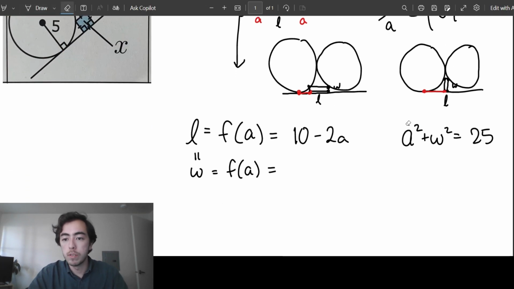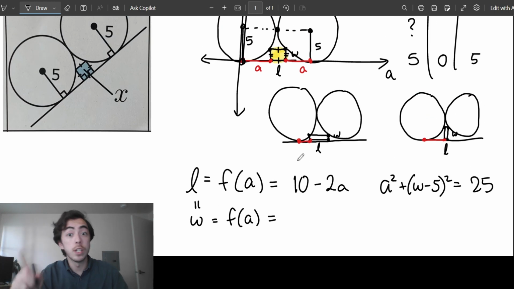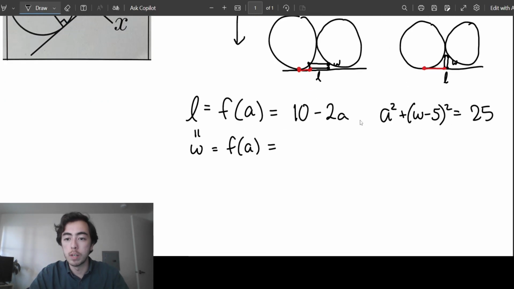So using a little bit of graph transformations, I could do W minus 5 instead of just the W. And I believe this will move the circle up 5 units. Just to be sure, I want to make sure that if I plug in 0, 0, the origin, I do get a point on that circle. And that would look like me plugging in a 0 here and here and getting an equation that is true.